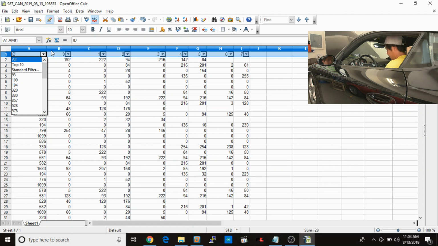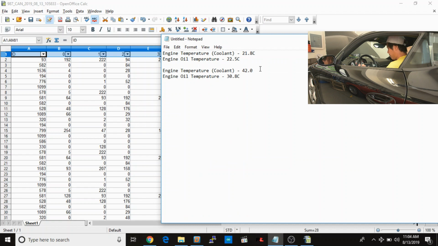And because we don't know what the formula is, we don't know what the byte value is going to be for our starting temperature and our final temperature, i.e. what the corresponding byte value is for like 21.8 or 22.5, and then the final byte value for 42 or 30.8.